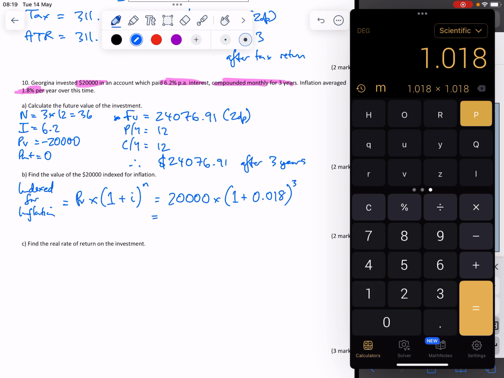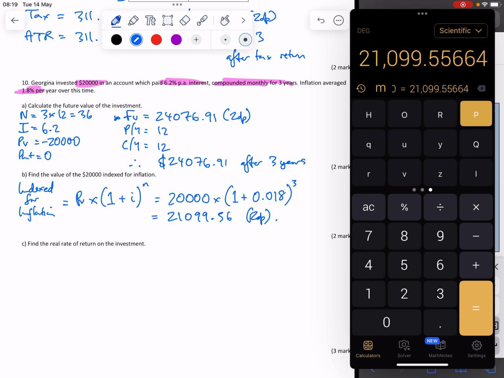That comes to 1.0549, etc. And then I times it by 20 grand. That comes to 21,099.56 to 2 decimal points. That's the value indexed for inflation in dollars.